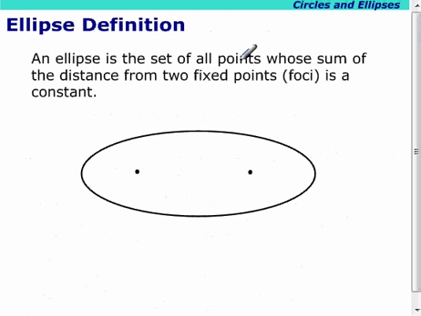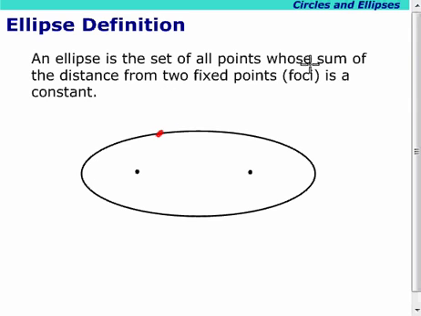Ellipses are defined as being the set of all points whose sum of the distance from two fixed points is a constant. Okay, well, let's pick a point. We'll pick this point right there.